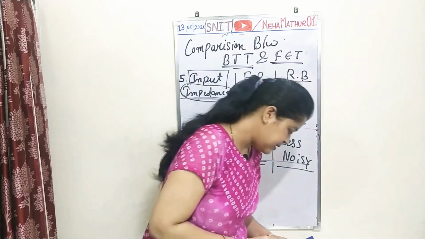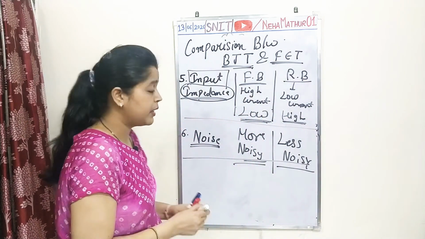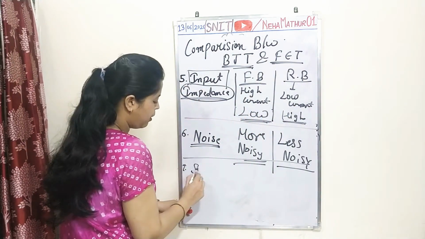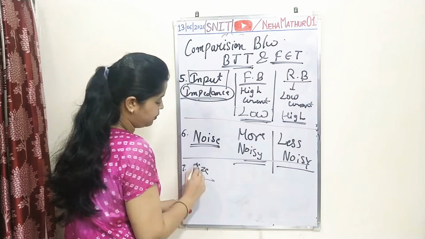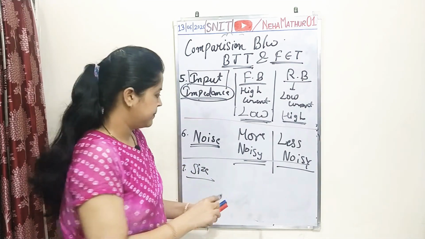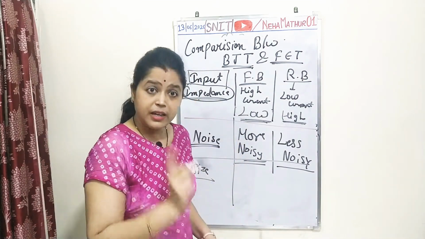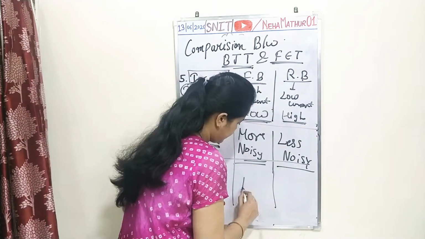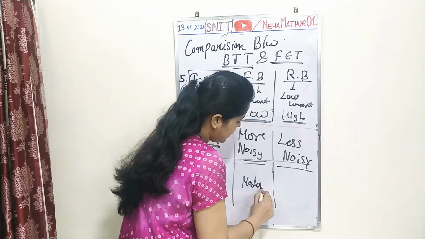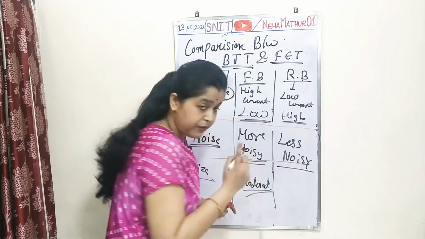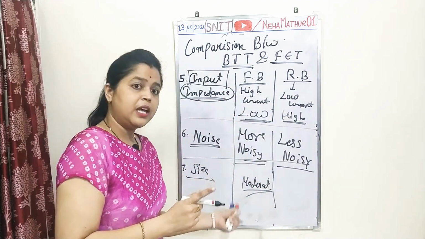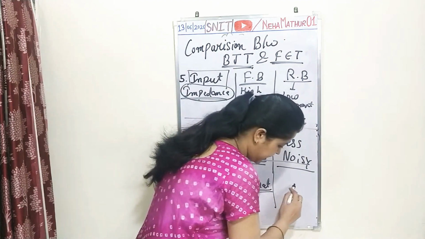Now the next is size, the important parameter from industry point of view. BJT has moderate size, while in terms of BJT, FET is always smaller.